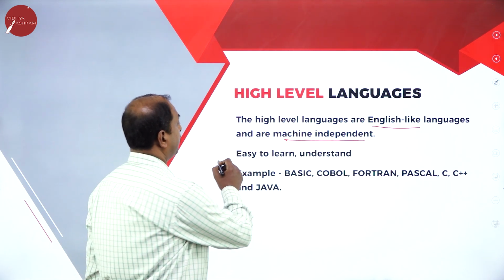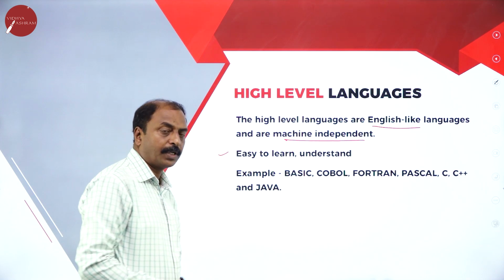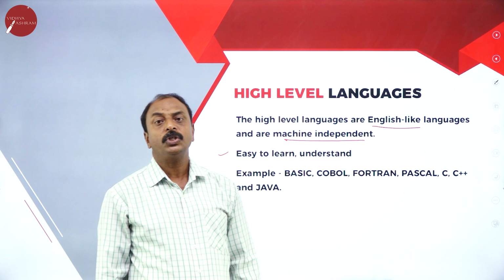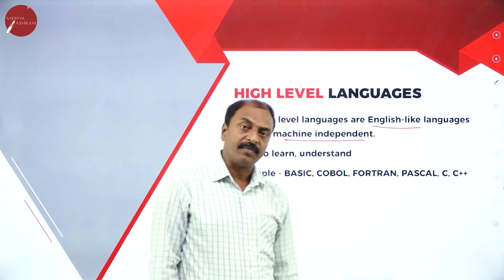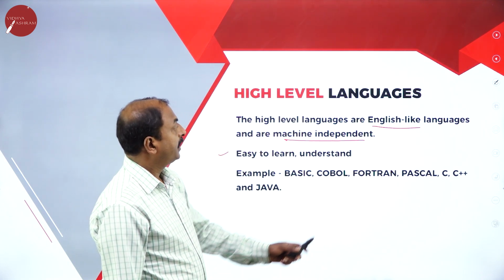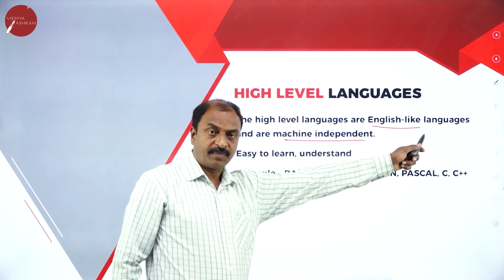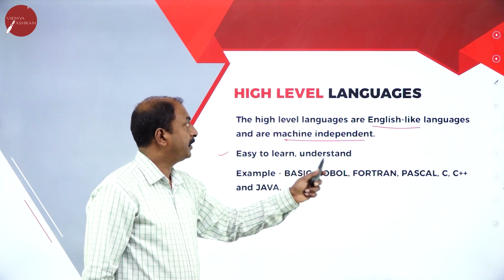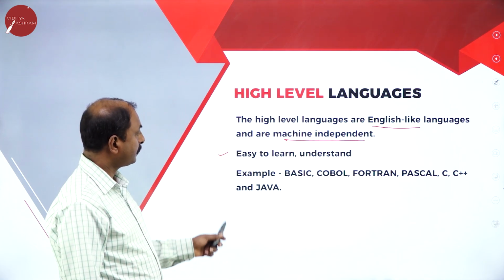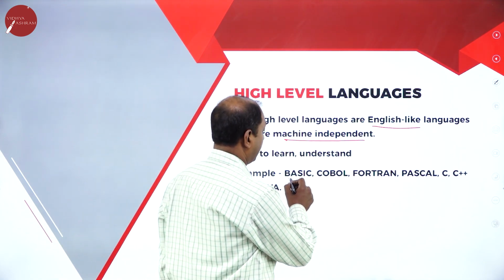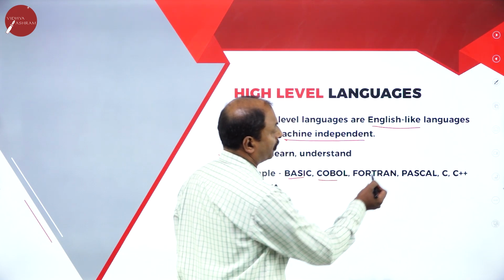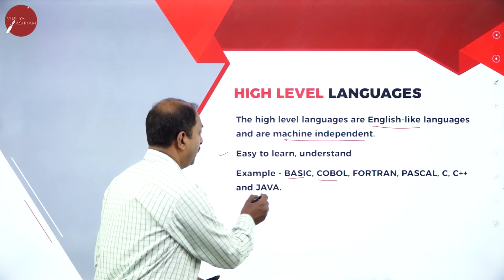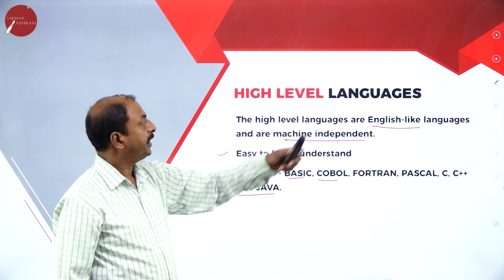And it is easy to learn and easy to understand because nowadays we are familiar with the English language, so most of us can learn it easily, and because the language is similar to English, it is easy for any user to learn and understand. These are the examples: BASIC, COBOL, Fortran, Pascal, C, C++, and Java. These are the high level languages.